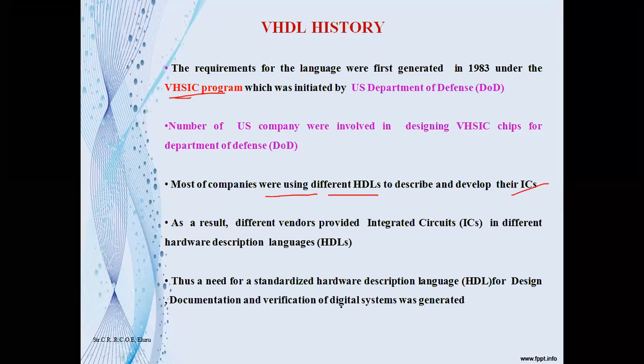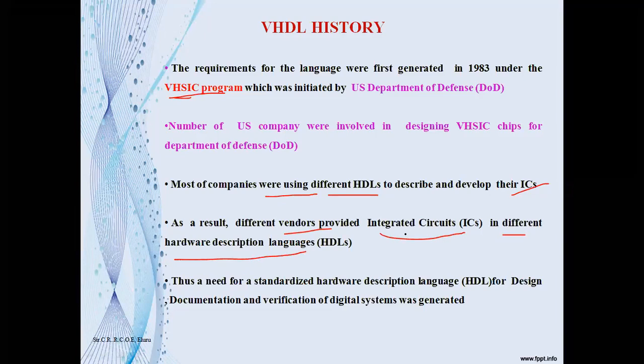Because of that, all these vendors provided different integrated circuits in different hardware description languages.